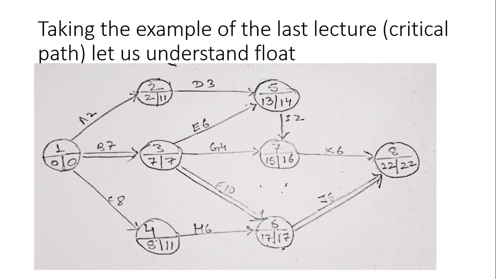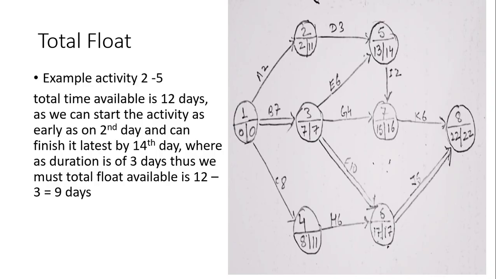Starting with the same example, the diagram you are comfortable with. Total float. Let's take the example of activity 2 to 5. See, the total time available is 12 days. How? This activity earliest can be started at the second day and can be wound up at the 14th day.